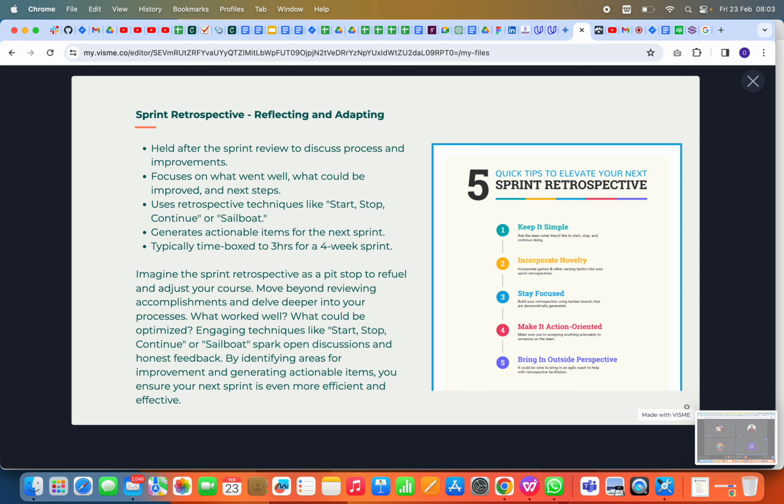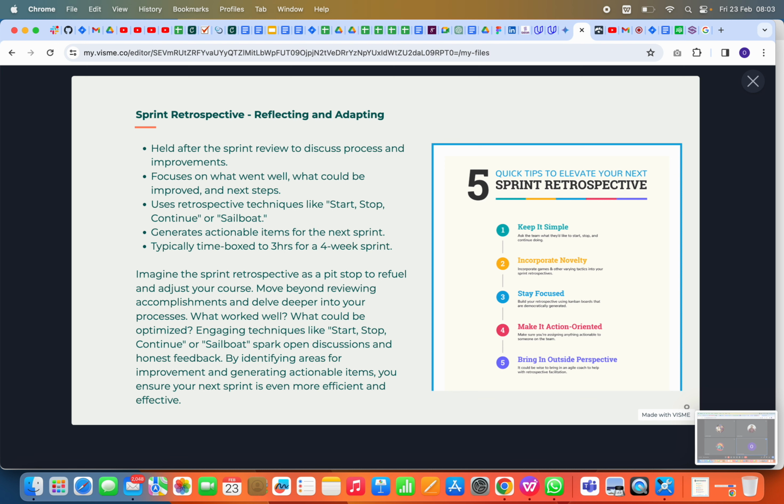Okay, so imagine the sprint retrospective as a pit stop to refuel and adjust your course. Move beyond reviewing accomplishments. During sprint review, we review our accomplishments. We check, okay, how far have we gone, our progress. But for the sprint retrospective, we are moving beyond that and we are delving deeper into our processes.